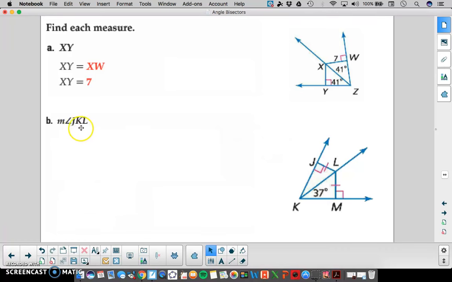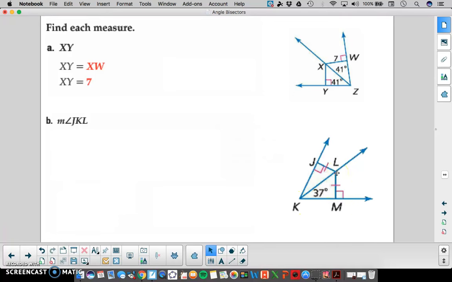For the measure of JKL, notice here we aren't given that we know it's an angle bisector first. We are missing angle JKL, which is the other piece to JKM. We are given that segments JL and LM are congruent and that both of those segments are perpendicular to the sides of the angle.